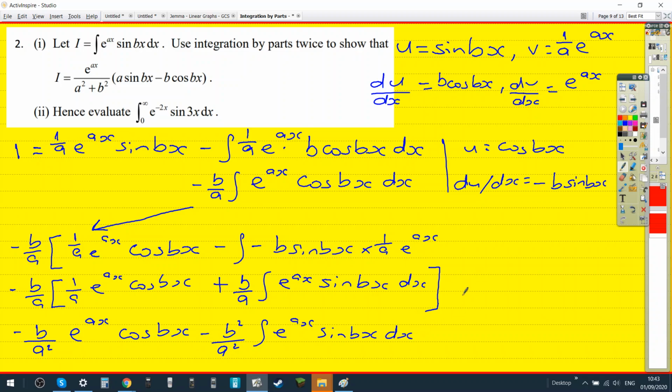Oh, that's where you get b cos bx, because you have to times the first bit by b. I think I know how they got a sine bx.